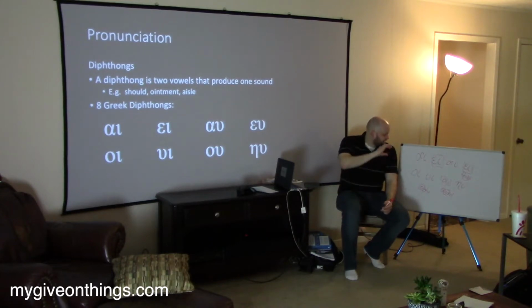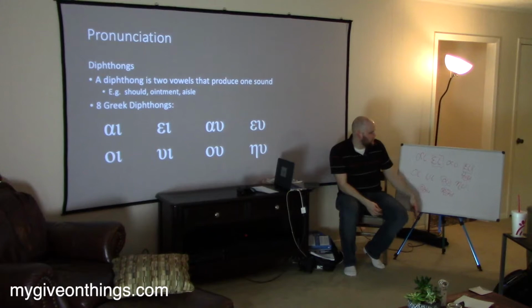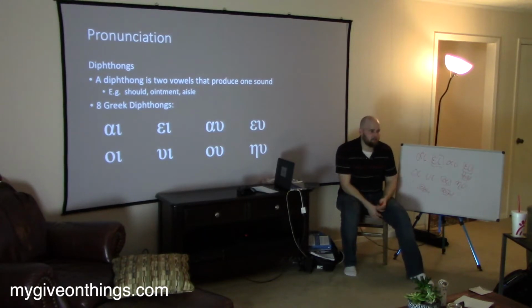So this takes a little bit of getting used to. Again, it starts to come pretty naturally once you just start reading, and the goal is to just get comfortable reading as fast as possible. So we're going to sit down and just start sounding out First John, or John, the Book of John together at the end of today. So it will kind of just fall into place for you.